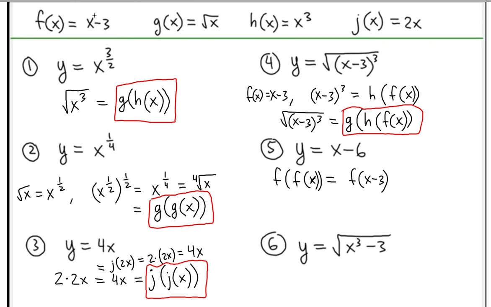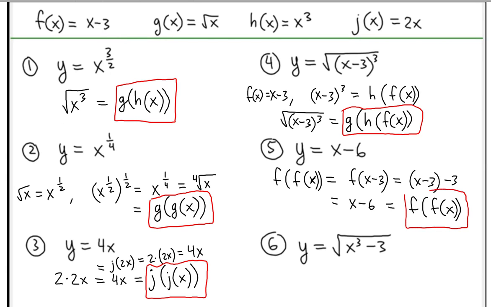Because if you plug x minus 3 inside itself as a new input, you would have to replace the x with the x minus 3. As a result, it will be x minus 3 minus 3. And this is giving you exactly x minus 6. Right? So once again, ff will be the composition function.